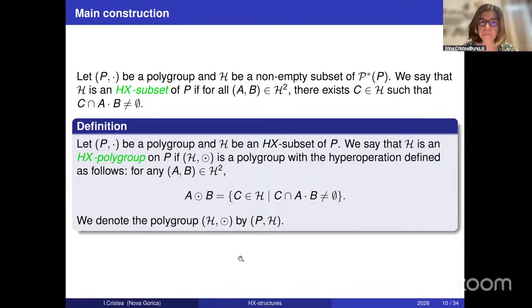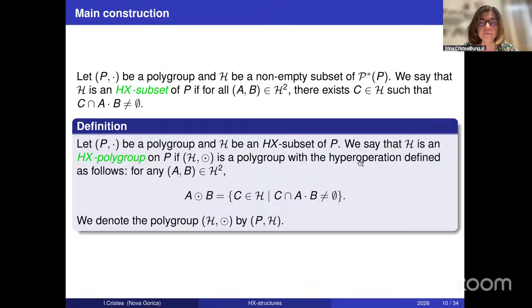So if P is a polygroup, and H is an HX subset of P, we say HX subset, it's a set with the property that for any two elements A, B, there exists another one C such that the intersection between C and the composition of A and B is non-empty.